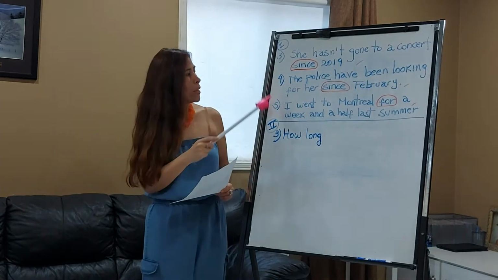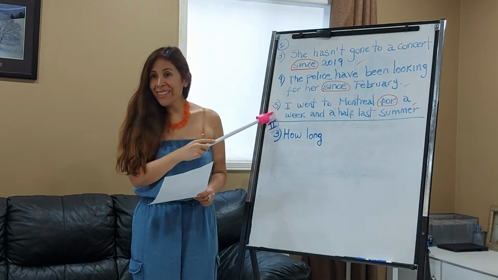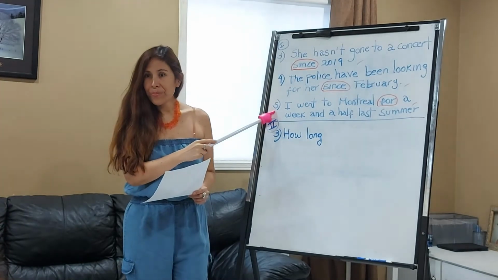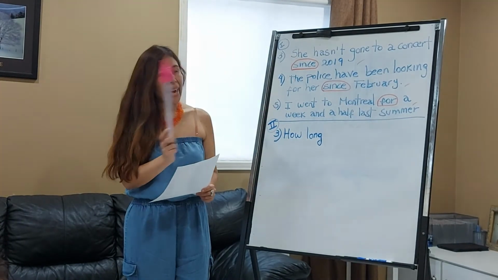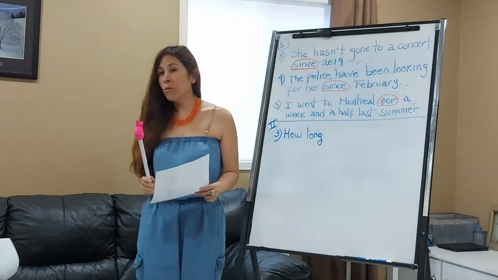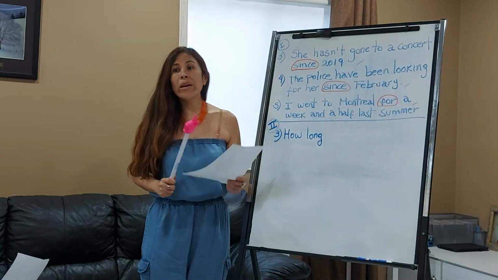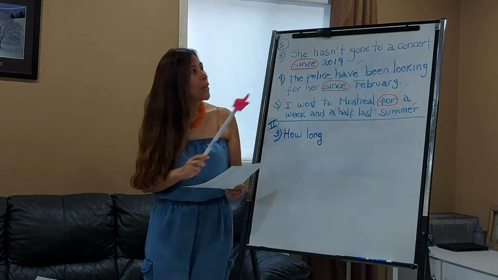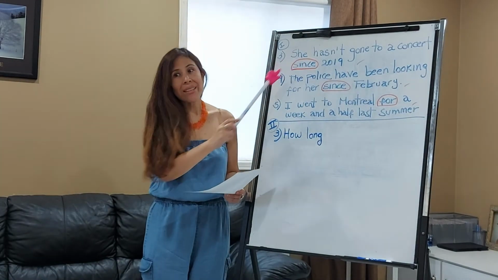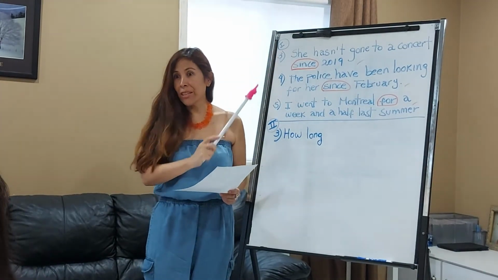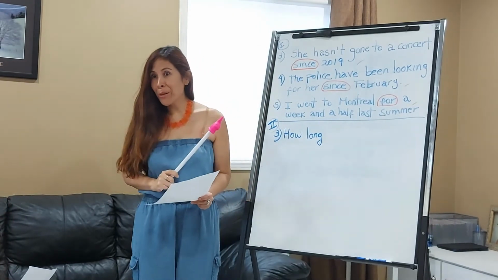Very good, Maddie. And number 5, Brooklyn? I went to Montreal for a week and a half last summer. Excellent. Okay, guys, so now exercise number 2 was to come up with questions based on the sentences we have here in the first exercise, okay?